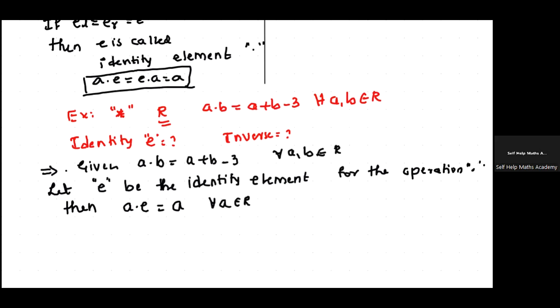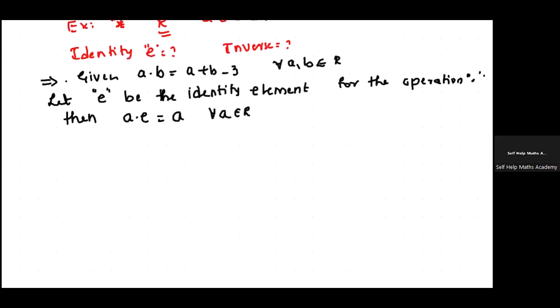Now by using the definition of an identity element, let's see. It is defined that A dot B is equal to A plus B minus 3. So in place of B, I have E here. Let's apply the binary operation. It is A plus E minus 3 is equal to A. By the cancellation law, we can do this.